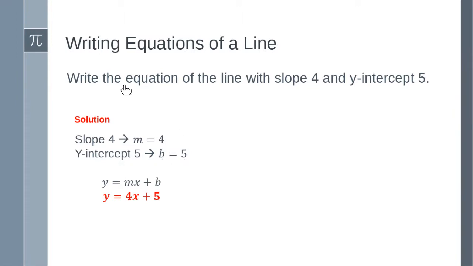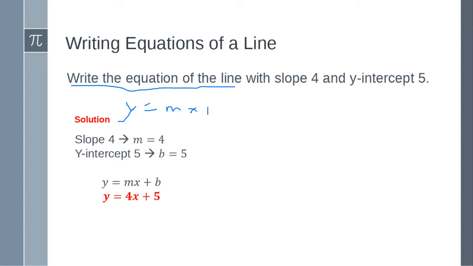So anytime that they say write the equation, once you see this right here, oops, let me get the pencil here. Then if it says of a line, the first thing that you want to write down, if it helps, is y equals mx plus b.